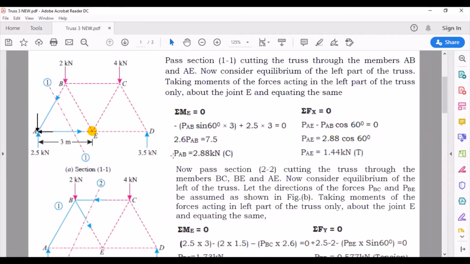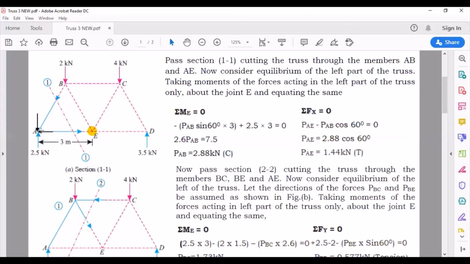Therefore, PAB is 2.88 kilonewton. You have got it with a positive sign. The direction assumed here is towards A, and I've told you that if the direction of member force is towards the joint, it is a compressive force. Therefore, it is shown as compressive. So you have calculated PAB now.